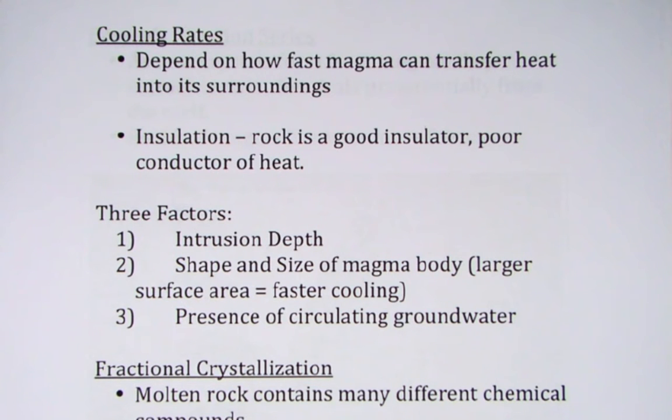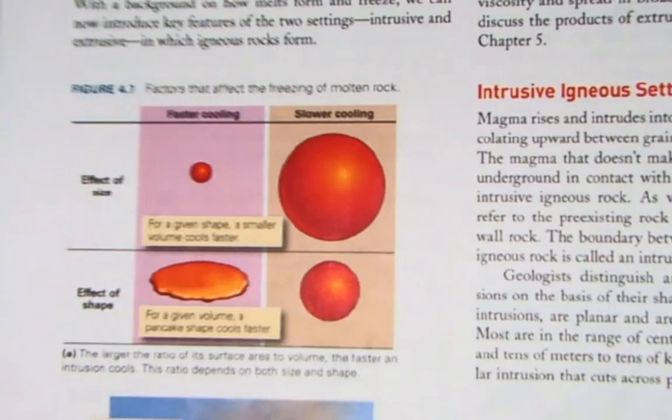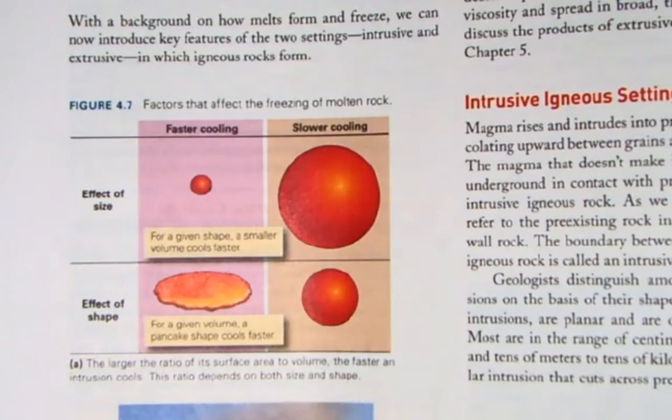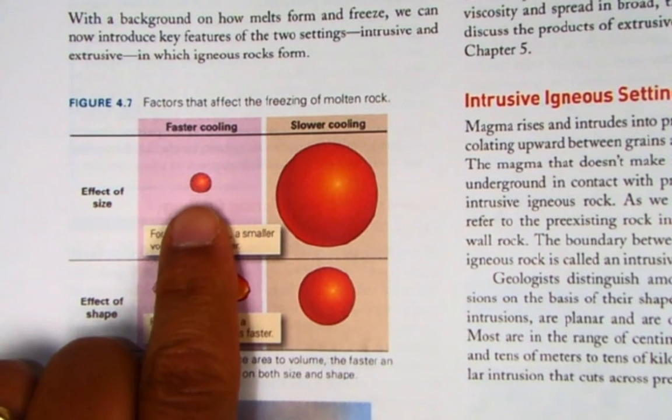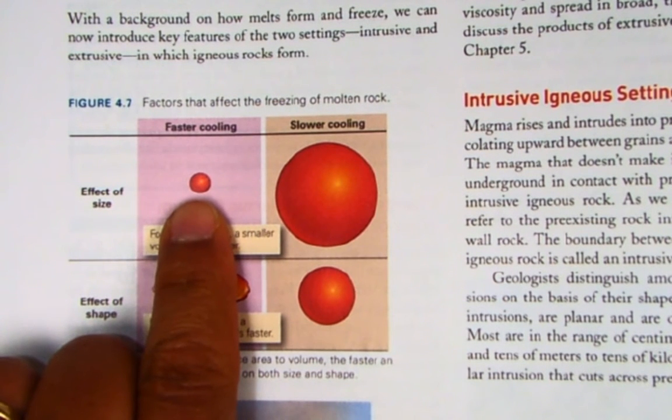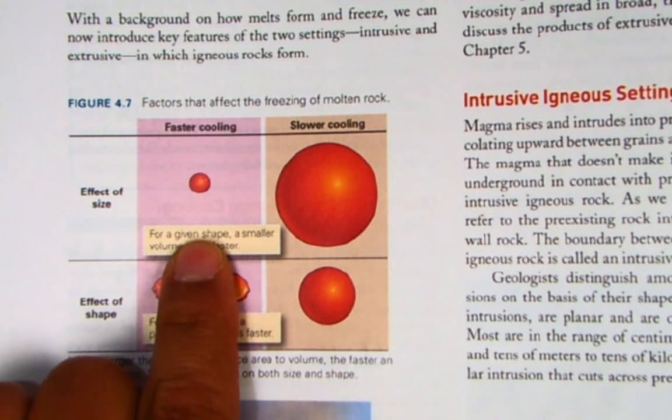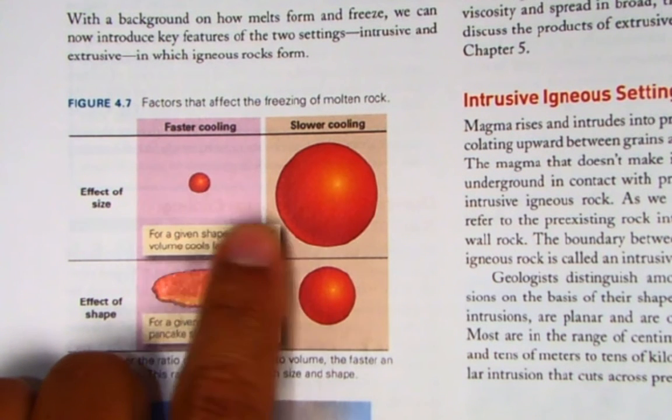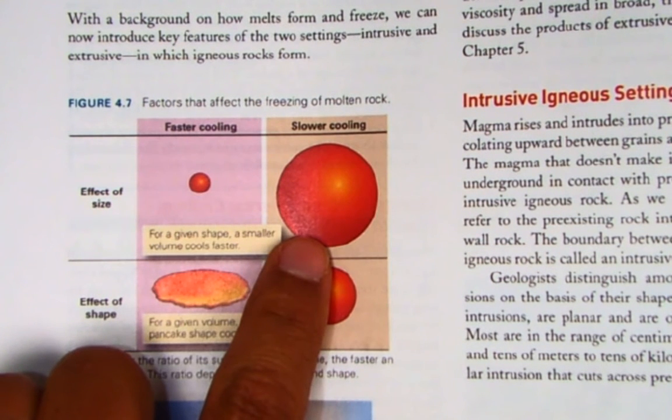Your text has a pretty good example of this one, showing that smaller magma bodies will have larger surface areas relative to their volume, and they'll cool faster, whereas a larger body will have a smaller surface area and take longer to cool.